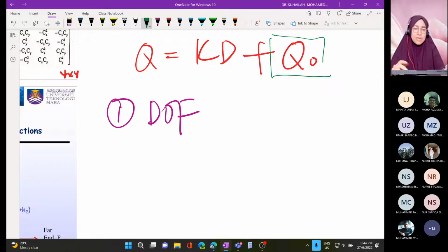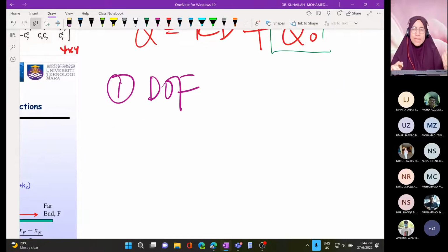Okay, the most important is the degree of freedom, so we go to the basics. Degree of freedom in truss.